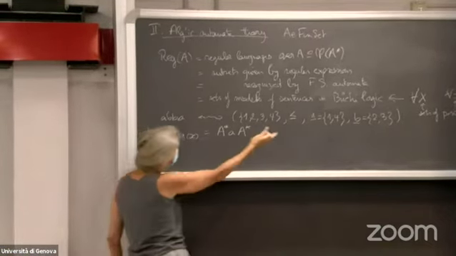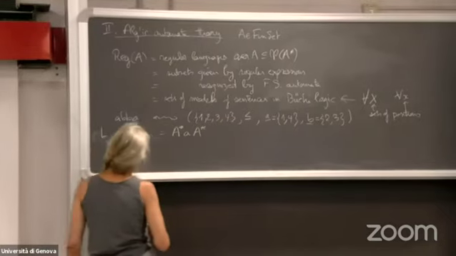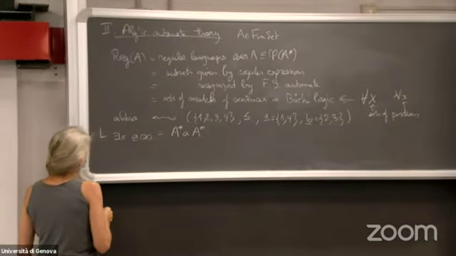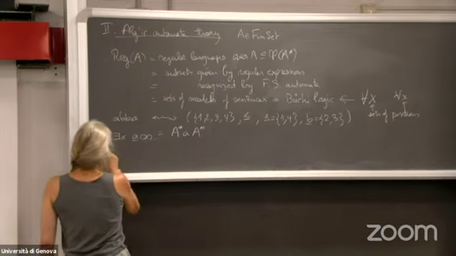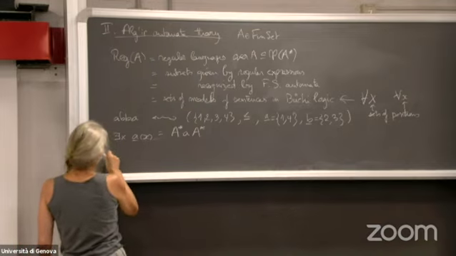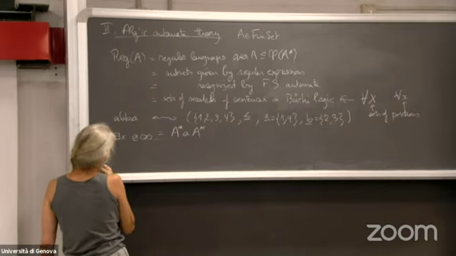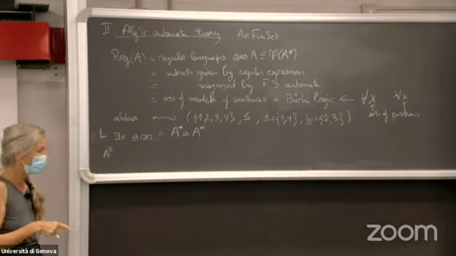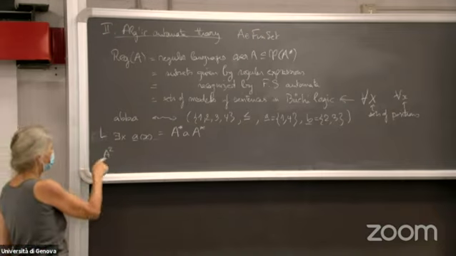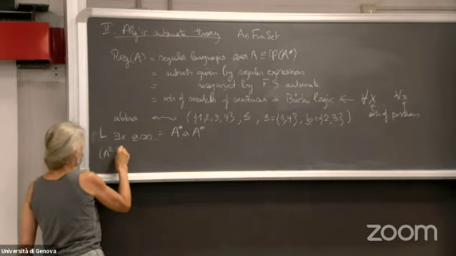Okay, but you can also say something more complicated using the monadic part, which you can use to say, for example, that you have just the even length words. So what would that be? That means you take two letters next to each other, star.